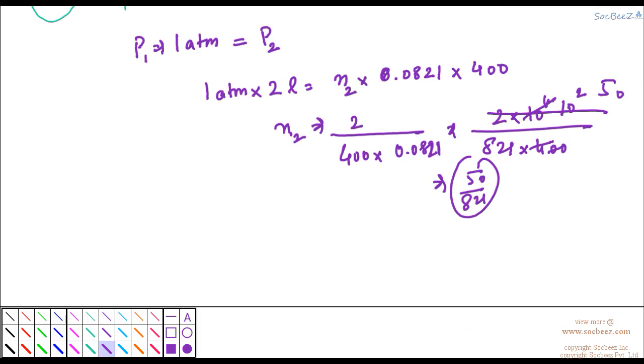Now, using this we can find the N1 moles also. N1 is nothing but 4 by 3 into N2, right? So it would be 4 by 3 into 50 upon 821, right?